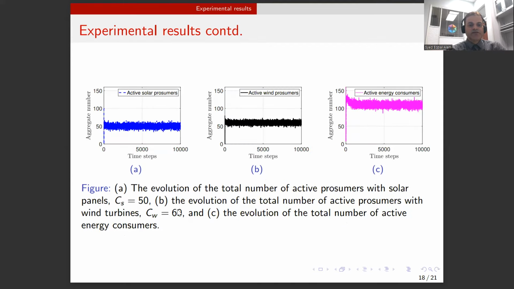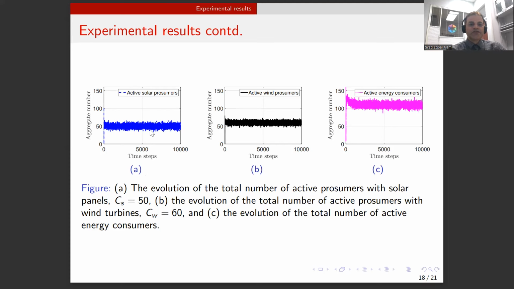In this figure, the evolution of the total number of active prosumers with solar panels is plotted in figure A, figure B shows the evolution of the total number of active prosumers with wind turbines, and figure C shows the evolution of the total number of active energy consumers. We can observe that in figure A, the total number of active prosumers with solar panels is close to the desired capacity Cs, which is equal to 50.